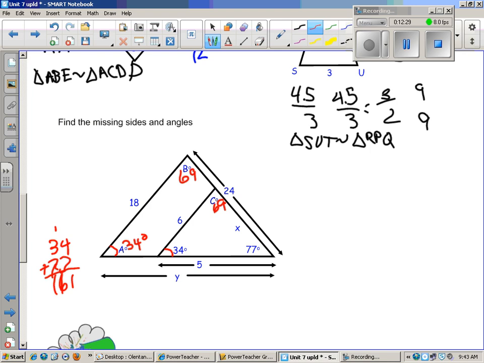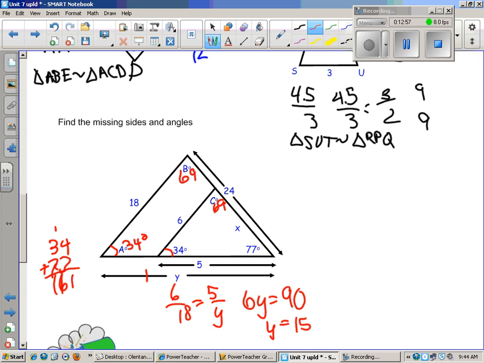All right. We know one ratio is 6 to 18, and the other ratio is 5 to y, right? So I get 6y is equal to 90, and y is equal to 15.